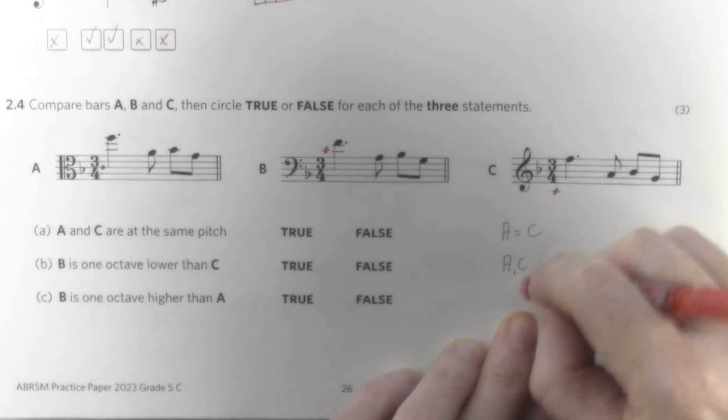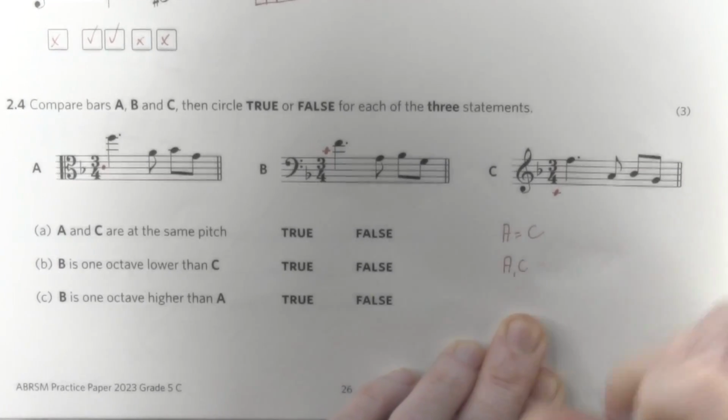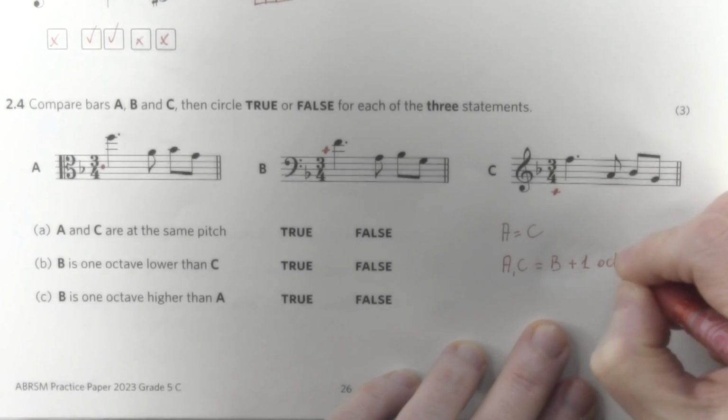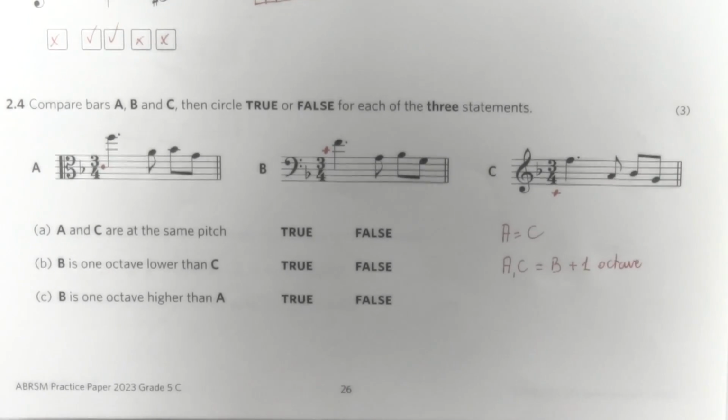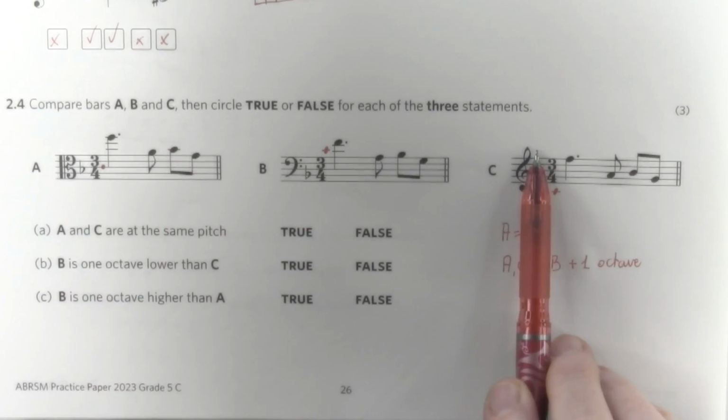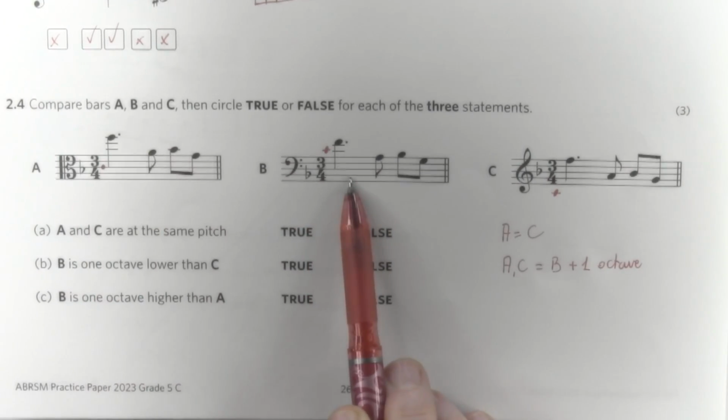Well, I should say, if I want to make it really maths, A equals C plus 1 octave. Does it make sense? A and C, these two examples, are an octave higher than B.